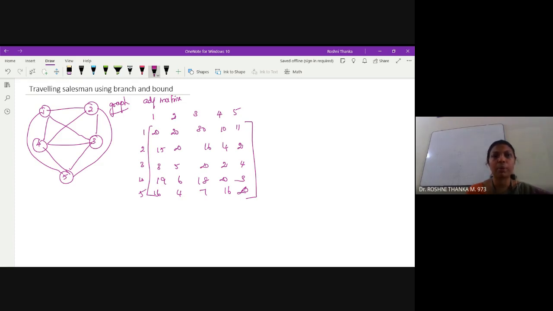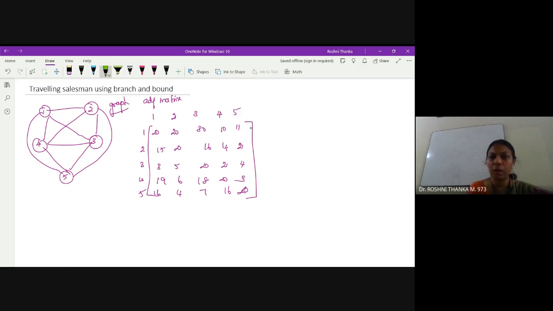In this problem, how we fix the bound is, in each row and each column, we find the minimum value. First we go one by one. In each row we have to find the minimum value. In this row, who is the minimum? Infinity, 20, 30, 10 and 11.